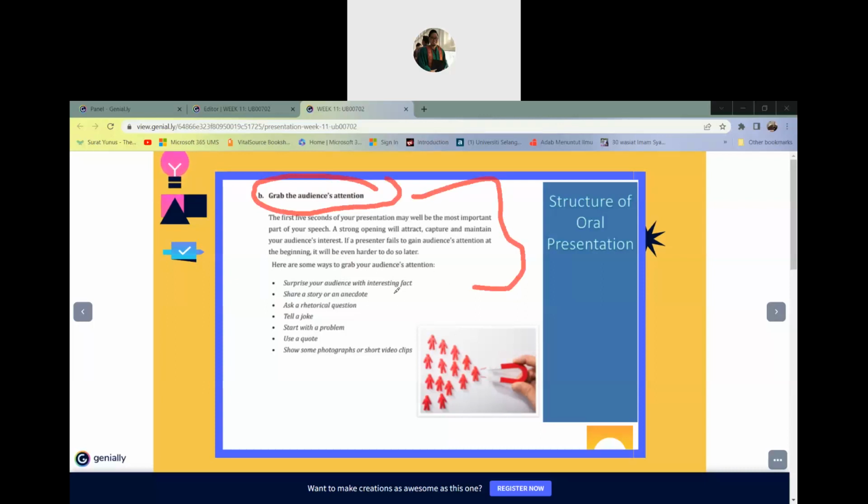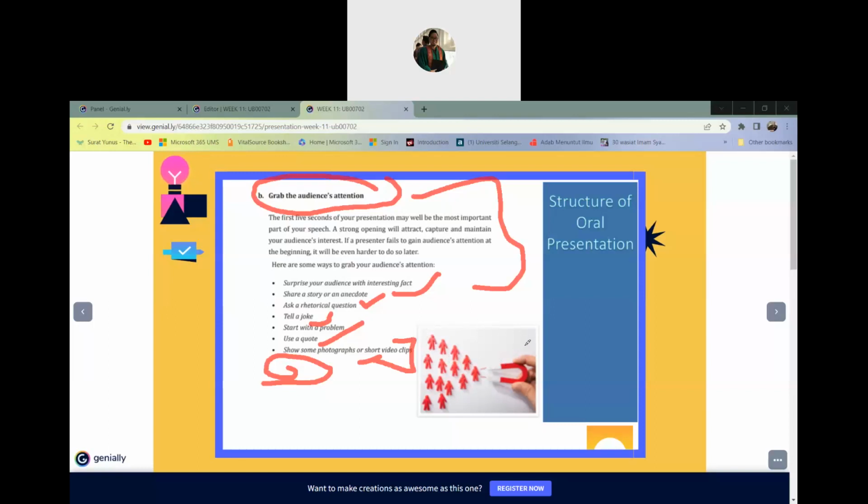For example, you can put a fact, or you can start with a quotation. You can even tell a joke, or use pictures. If you want to grab the attention of the audience when it comes to the meeting, you can show your agenda.